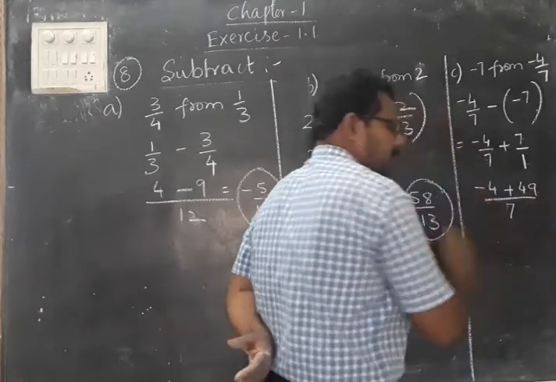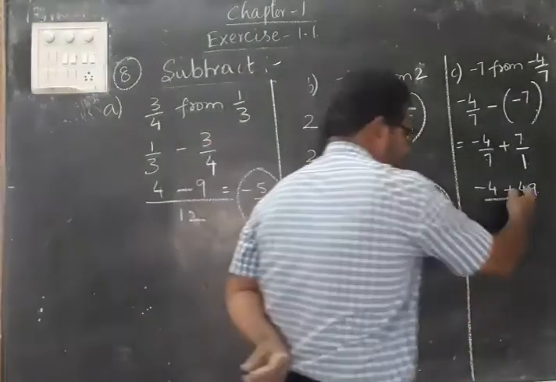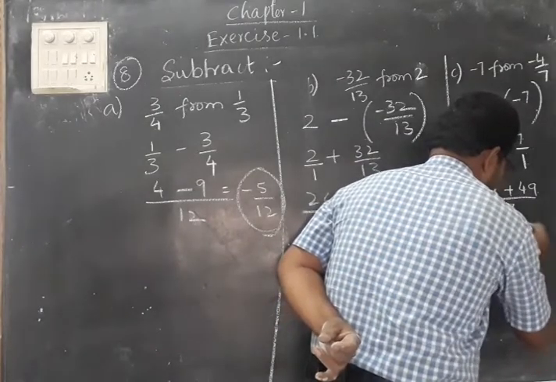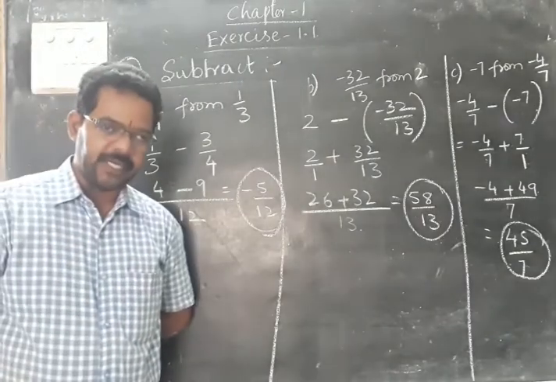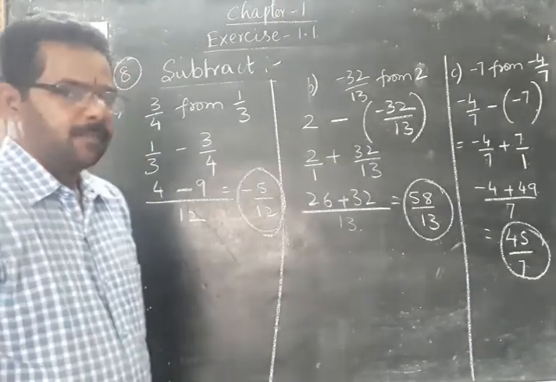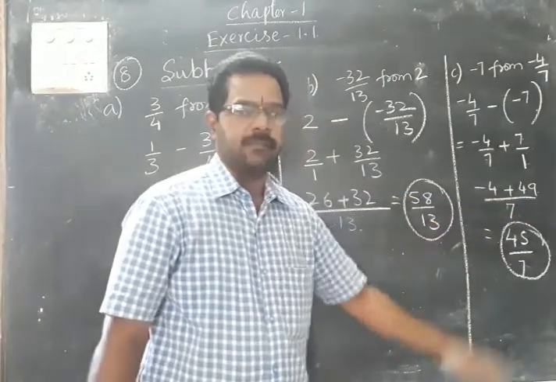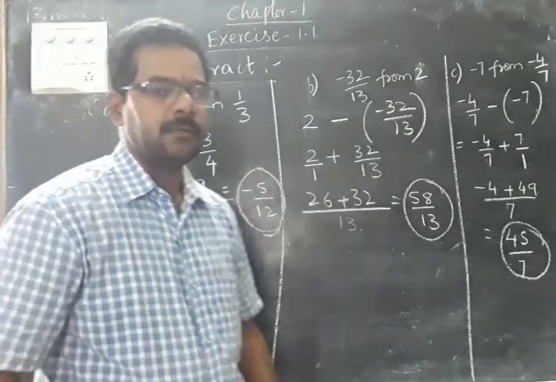So plus 49 minus 4. Bigger number minus smaller number. 49 minus 4 is equal to 45 by 7 is the answer. It is plus 45 by 7 because here bigger number is plus and smaller number is minus. So bigger number minus smaller number. Understand?